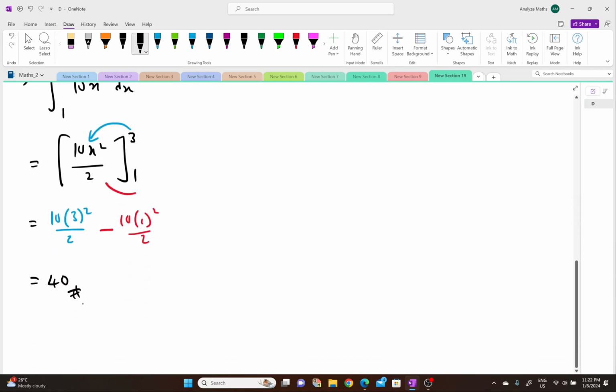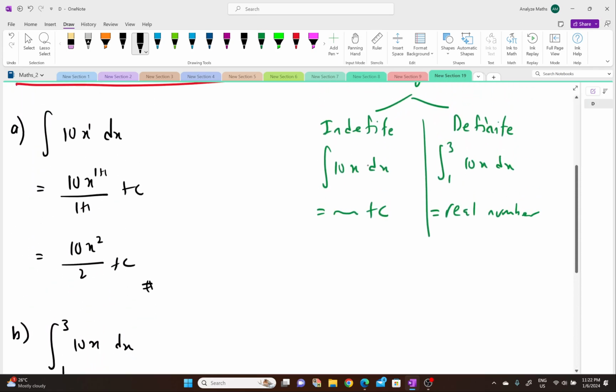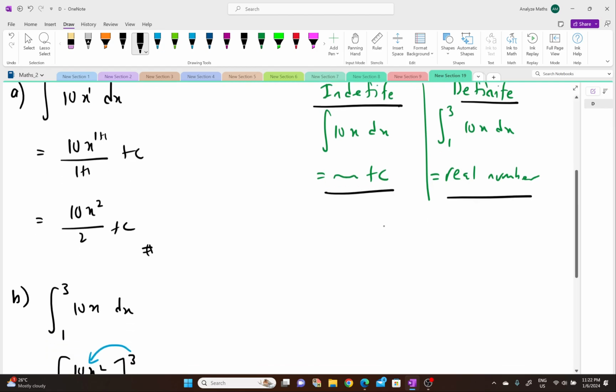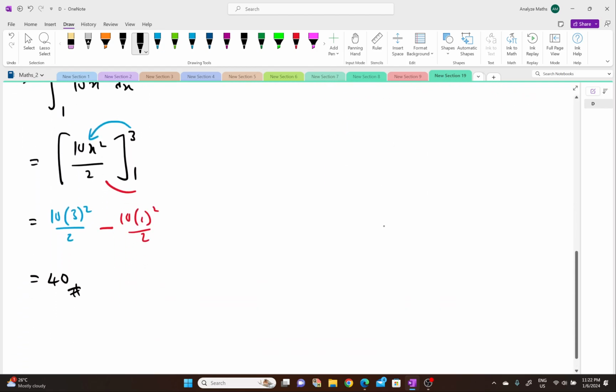So this is what I call definite integration. You will end up with a real number. For indefinite integration, you will end up with an expression and plus c. That's the thing you type.